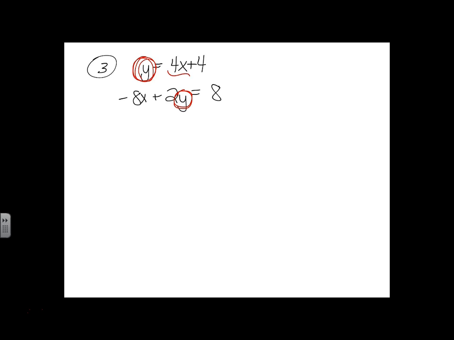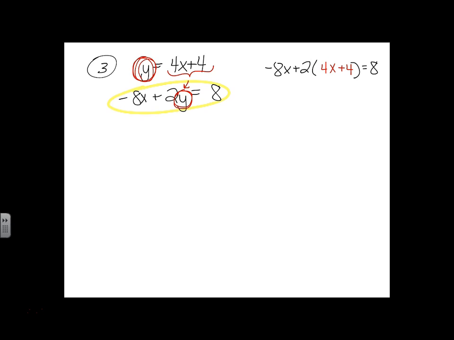We can take who y is and we can plug it in. This was called substitution. So we can say negative 8x plus 2 times who is y exactly? So we're plugging into this equation, see it? We're using him as our pattern. But instead of y, we plug in 4x plus 4.